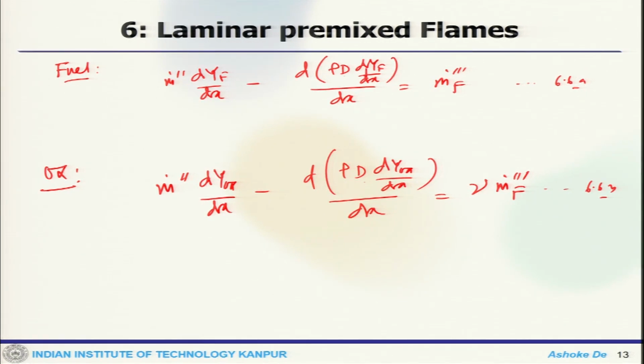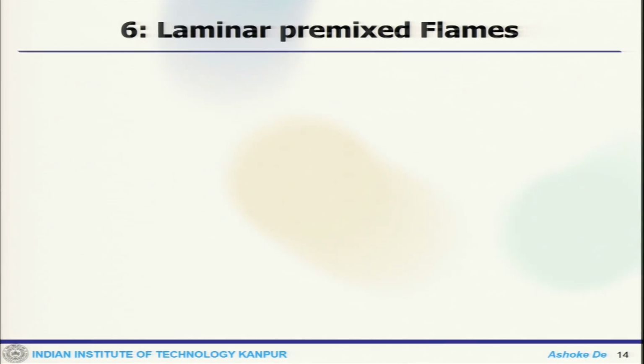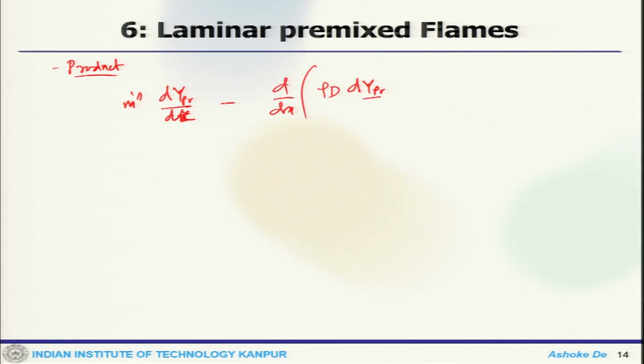Similarly, we can write for the products. So, this would be m dot d Yproduct by dx minus d/dx of rho D dY/dx, which is minus (nu plus 1) m dot triple dot f.